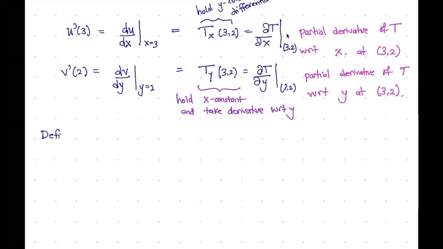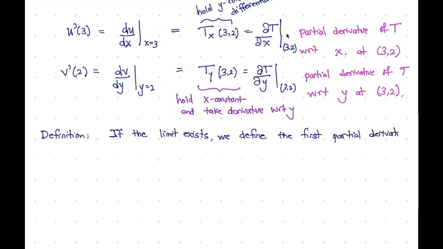If the limit exists, we define the first partial derivative at, let's just say, the point (a, b) as the following.